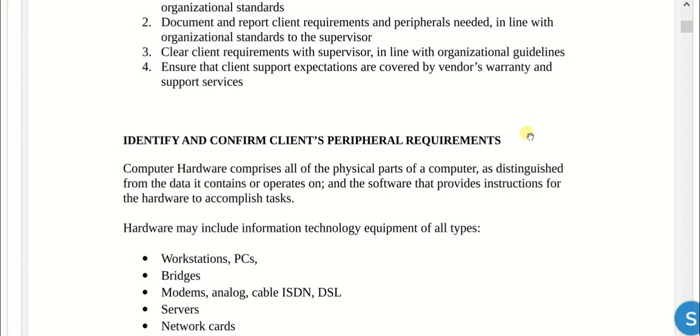You need to not only identify the peripheral that is needed, but also confirm with the client before you make a recommendation to get that equipment. Because if you get equipment that's not needed, money is being wasted.